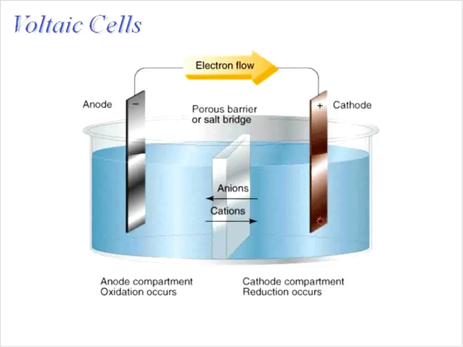We do not allow direct mixing of the two solutions, which is not going to help us really. We provide some mechanism so that the two solutions do not mix, but the closed circuit is maintained for the continuous flow of current. Porous barrier or salt bridge. So that is voltaic cell.